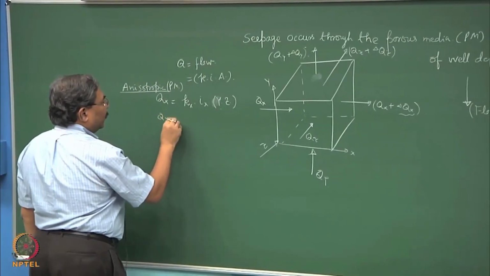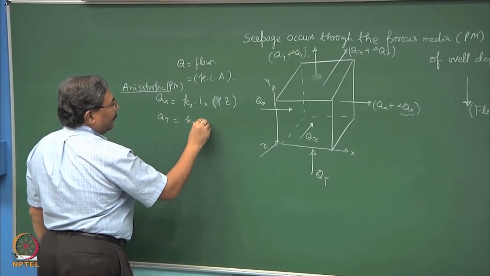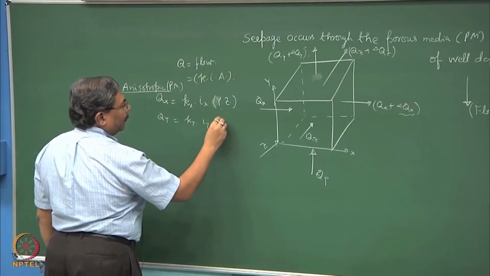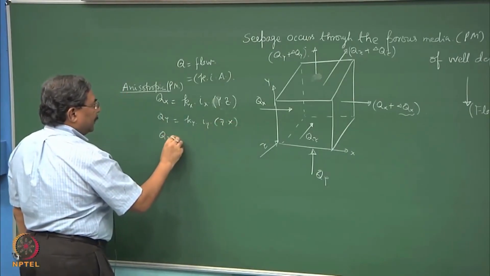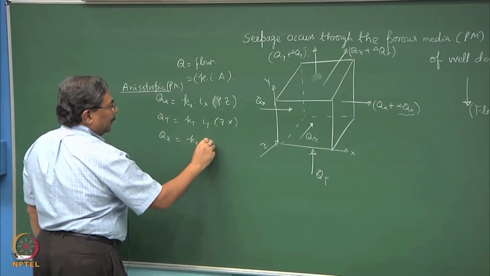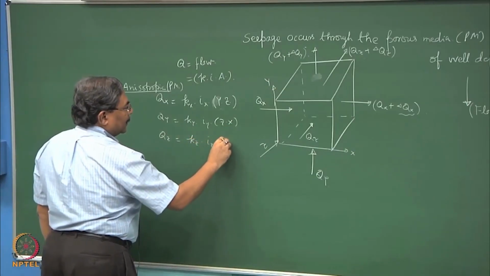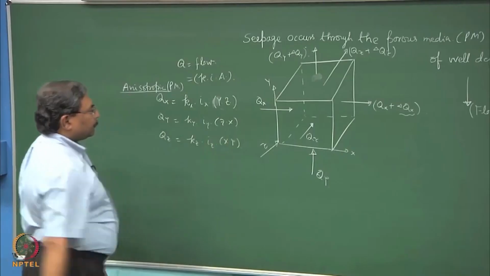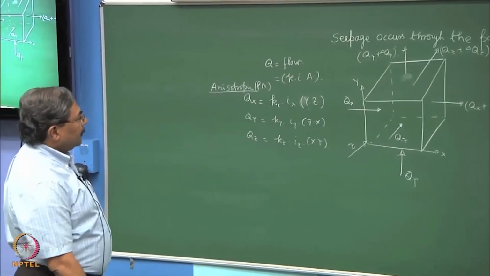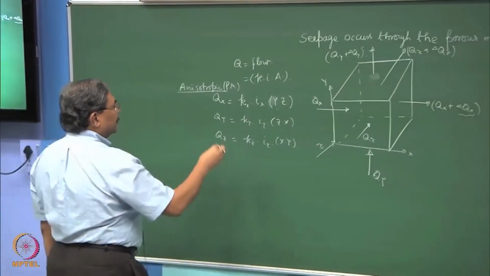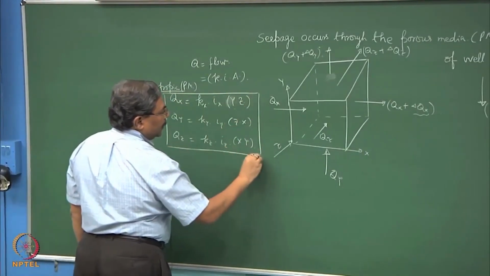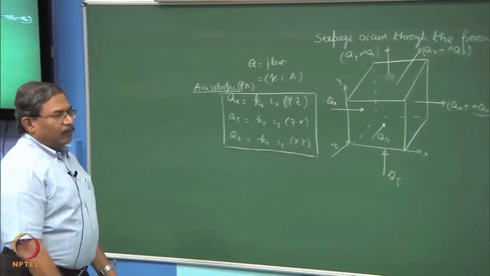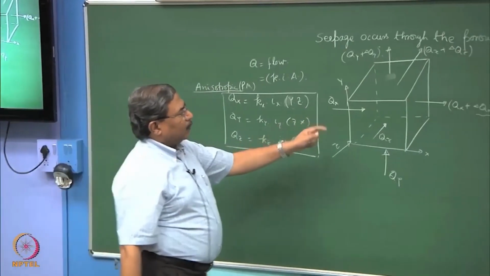Similarly, I can write Qy equal to Ky into Iy into zx, and Qz equal to Kz into Iz into xy. All right. So, I have the basic equations of the discharge or the flow which is entering into the control volume.